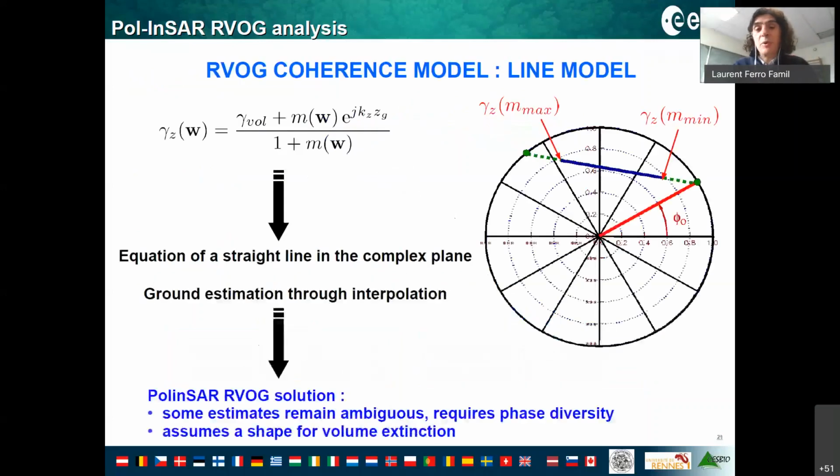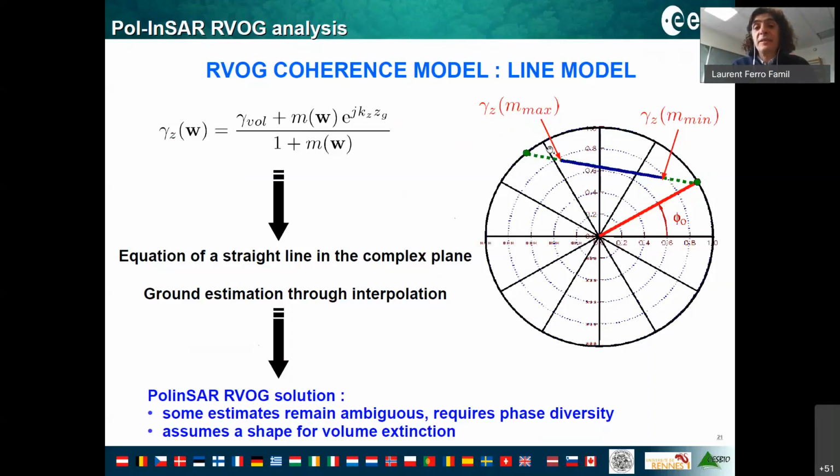So how to solve this problem? Then you need to use a line. I'm not going into the details here, but you need to use a line presented by Shane and Costas. This is what you get when you vary the polarization over the whole space, and they propose to extrapolate this line toward the intersection between the line and the unitary circle, because they know that over the ground, if you had no volume, you would have a coherence with the volume equal to 1, and this gives you the elevation of the ground.